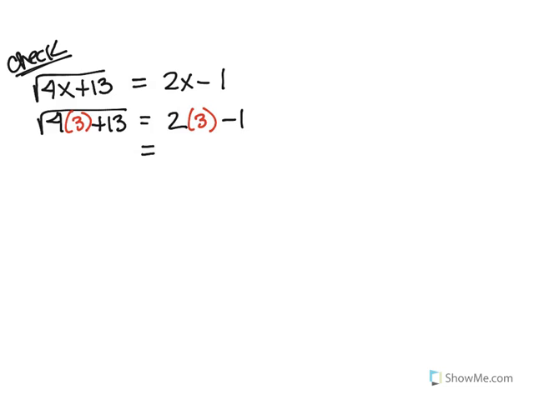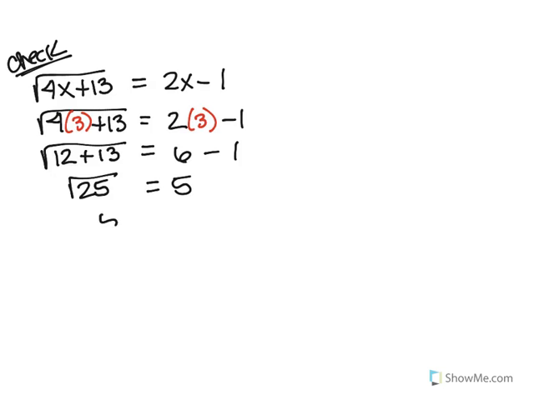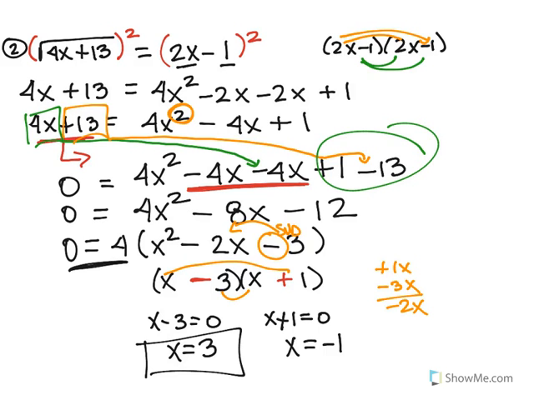And that's going to give you, underneath this radical, you got 12 plus 13. And that's what, 6 minus 1, which is a 5. And then 12 plus 13 is 25. And what's the square root of 25? 5. So that one, 3 works. Okay? 3 is an answer.